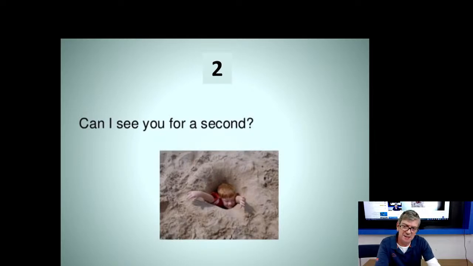Which one is this? Is it an idiom? Is it an overstatement? Is it hyperbole? Is it a simile? Is it a metaphor?